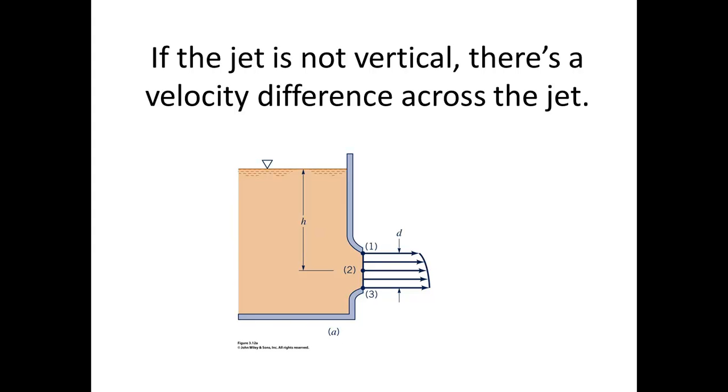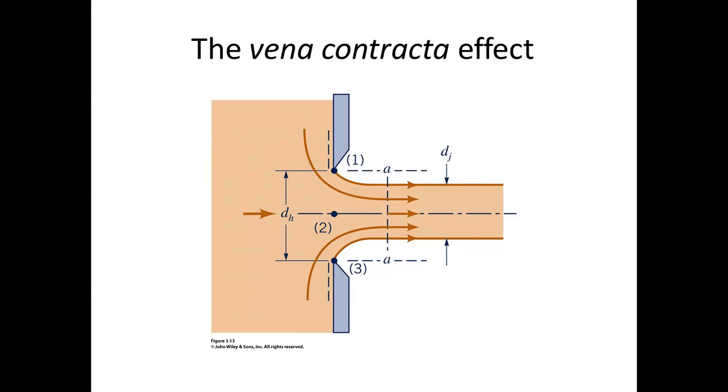So from 1 to 3, you're at a different depth, h. But if D is small compared to h, then you can assume it's pretty much constant along that. So the fact of 1 to 3 being finite is not really important in general.